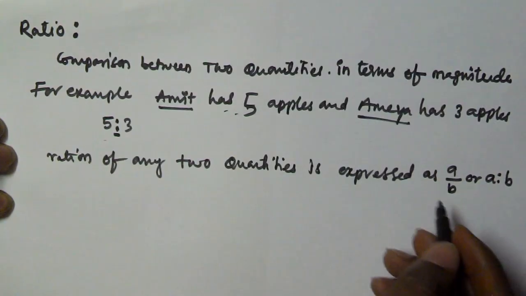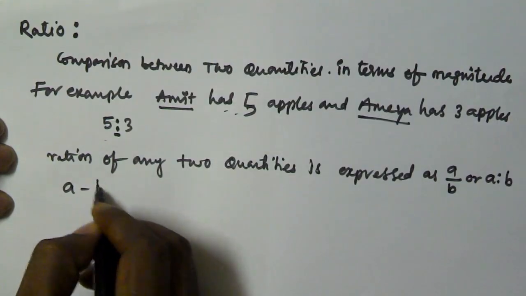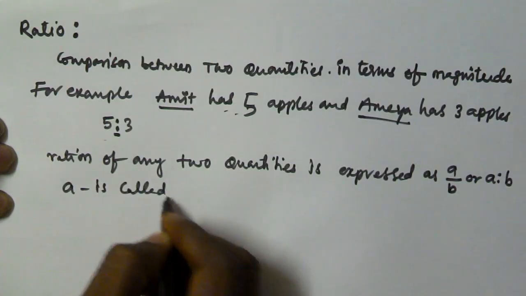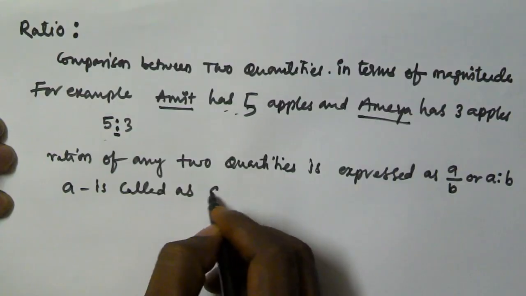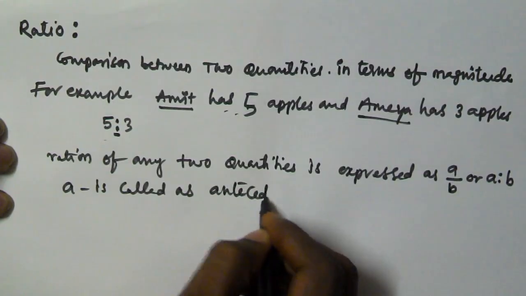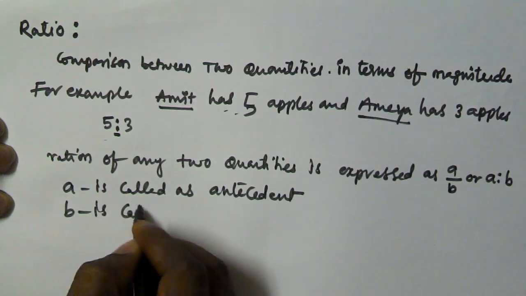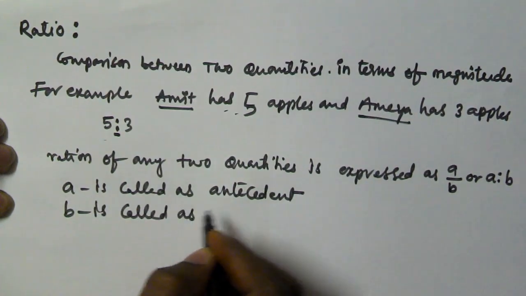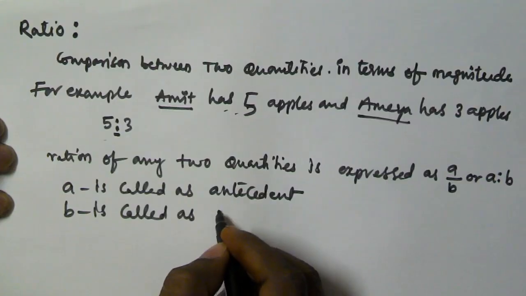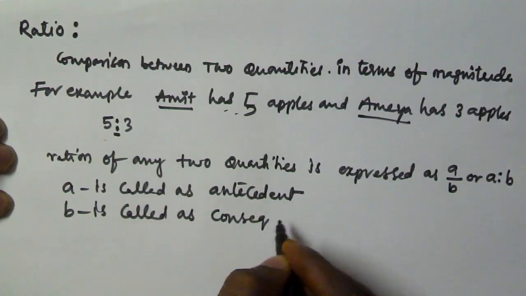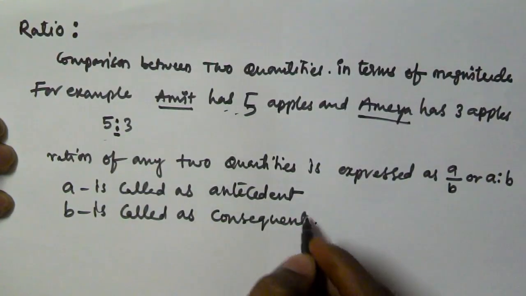In this, A is called the antecedent and B is called the consequent.